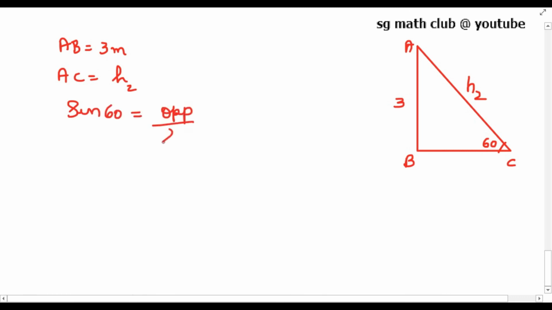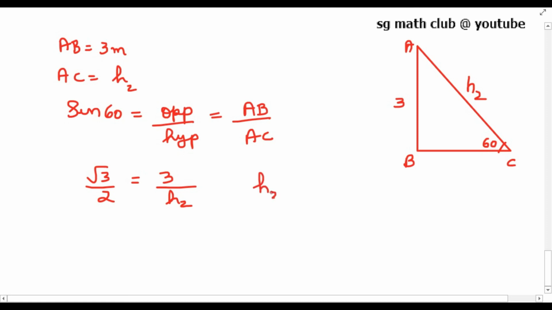So opposite side by hypotenuse. Opposite side is AB, hypotenuse is AC, and we know sine 60 is root 3 by 2, which is equal to AB is 3 and hypotenuse we need to find out. Now H2 will be equal to 3 into 2 divided by root 3. So H2 equal to 6 divided by root 3.